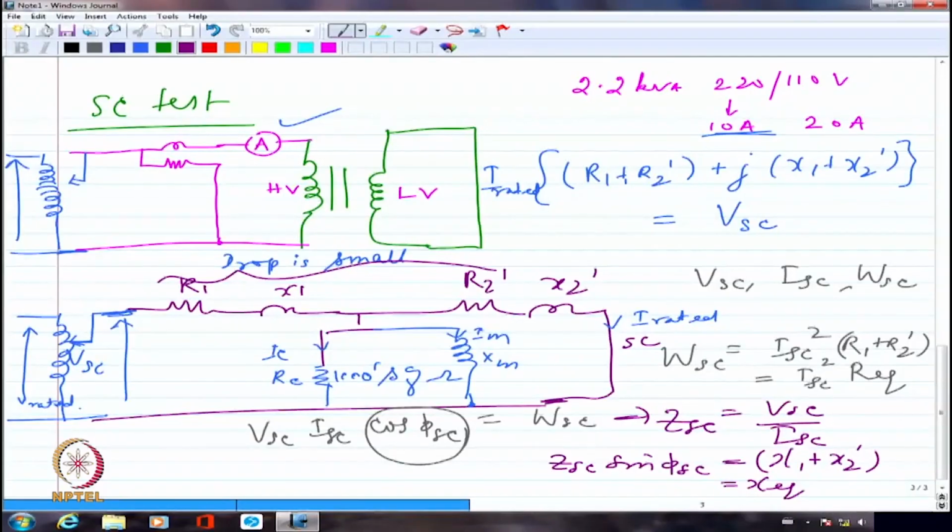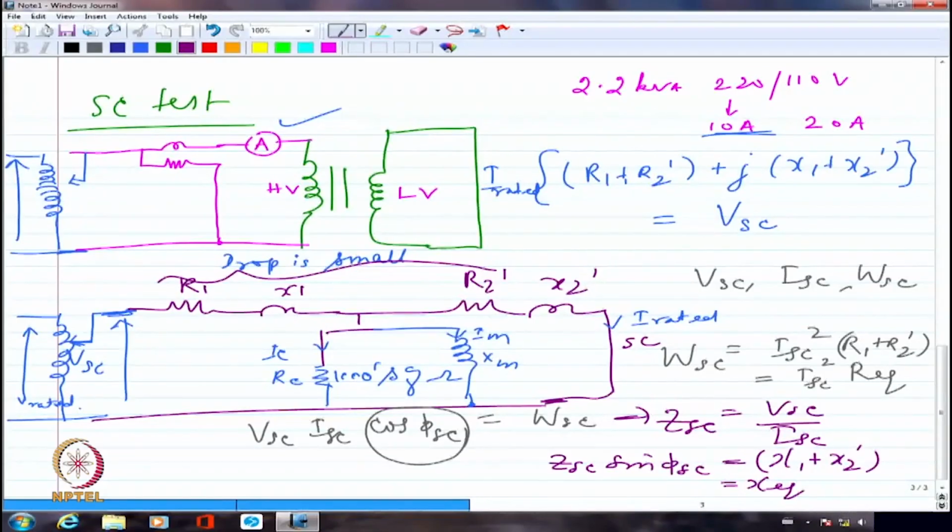So it would definitely entail a huge amount of loss, which I would be dissipating in the external resistance. At least if it's 2.2 kVA, I can manage the show. If it is 400 megawatt, I really had it. So I cannot really expect to be loading a 400 MVA transformer with the help of a proper resistance and things like that.